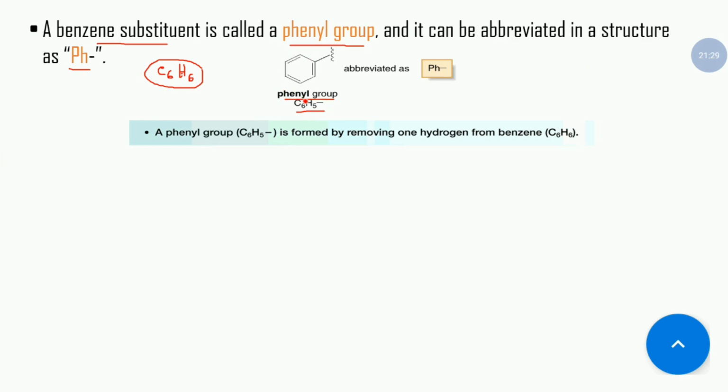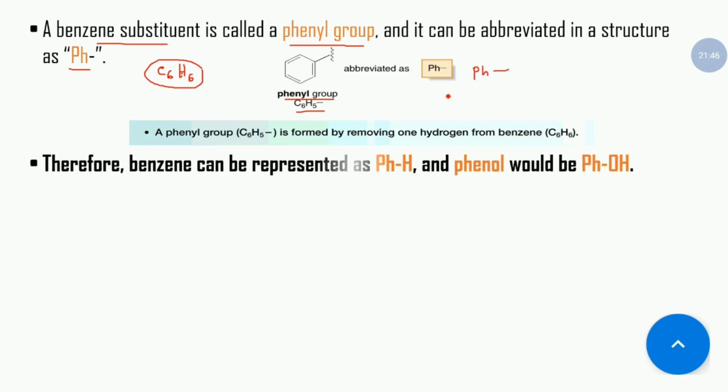From benzene, if one hydrogen is removed, it becomes C6H5 single bond, that is a phenyl group, and the phenyl group is represented simply as Ph dash. Next, therefore benzene can be represented as phenyl, that is Ph dash H.